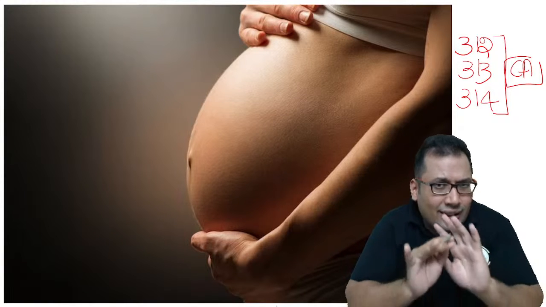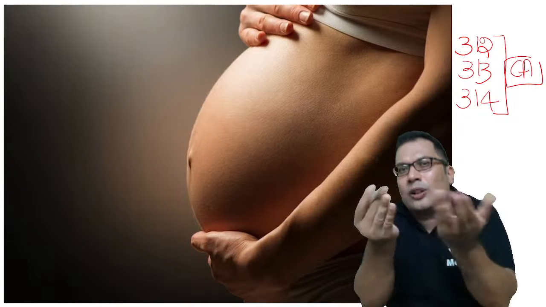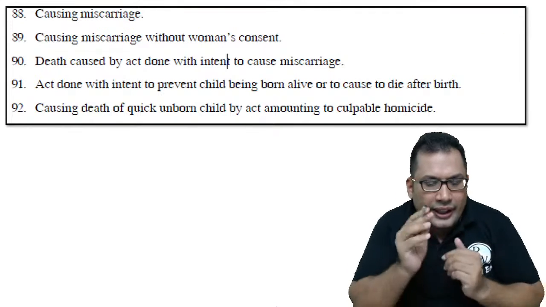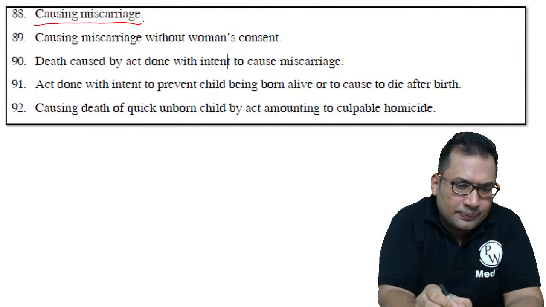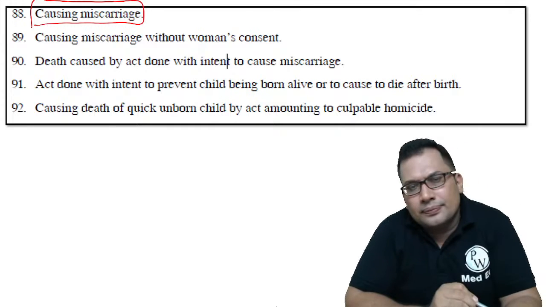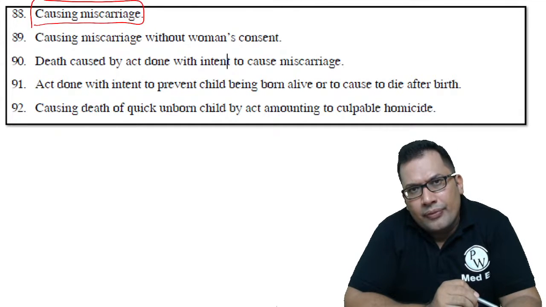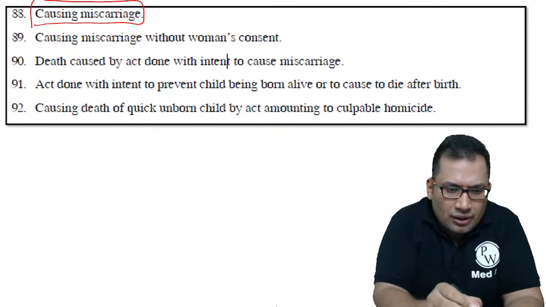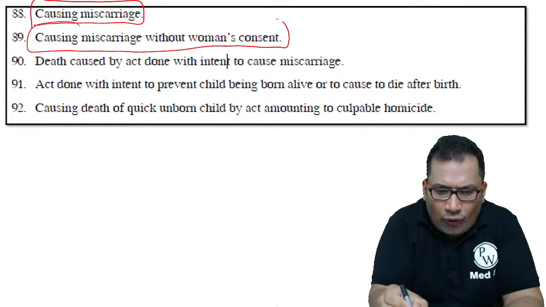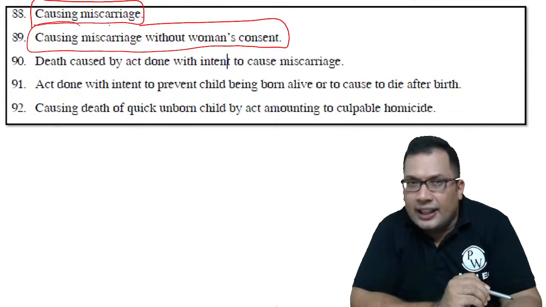So now let's see the BNS sections. 88, causing miscarriage, that is nothing but your 312 with consent. Causing miscarriage without woman's consent is 89 BNS.